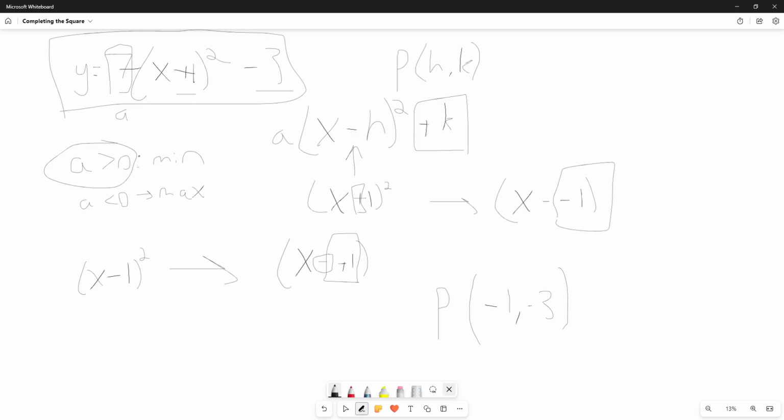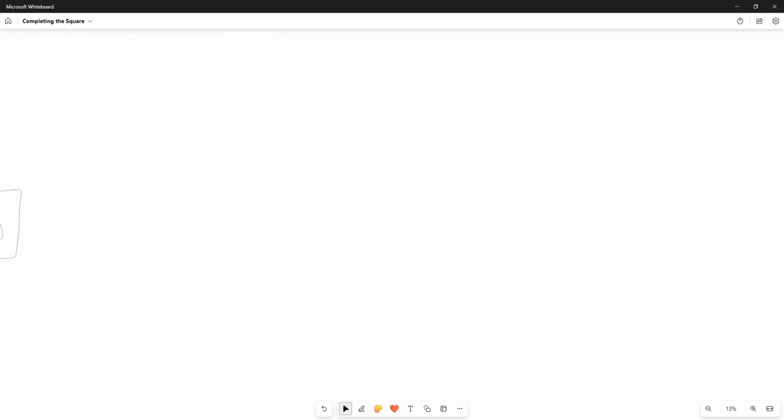Now, let's say we have something like this, just a final example, and then we'll wrap up. y equals 3 times (x plus 1) squared. Okay, we have the minus 1, and then we have nothing at the back here. This is empty.